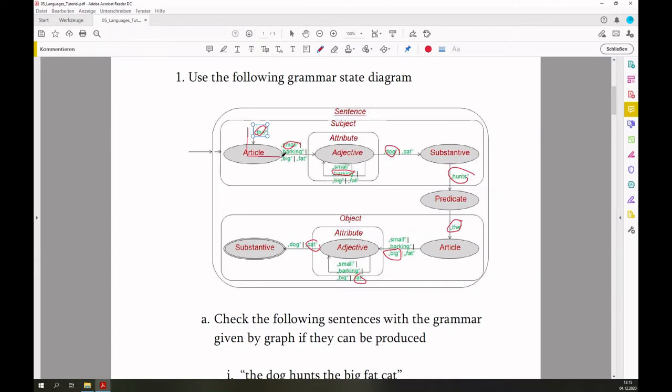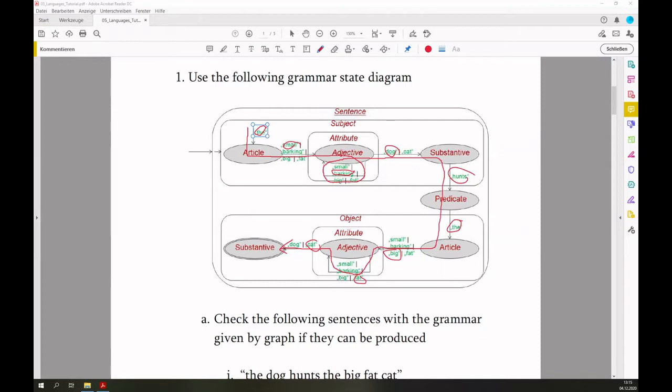So we go this way, continue to here, go here, and then to the end state. There we directly reach an end state and we can process this sentence. So the sentence is allowed.